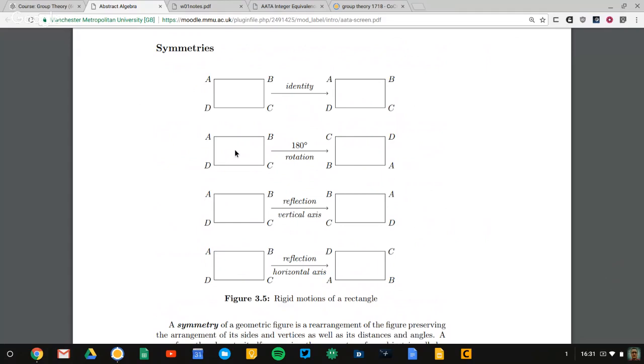We figure it out quickly by just tracking the labels. Reflecting in the vertical axis turns it into B, A, C, D, like that, and rotating it 180 degrees, D over here, A over here, C over here, B over here. So this is V, and this is R, so the whole thing is R after V. Well, what do you call that whole transformation? Horizontal. H, yes, because A and D swap positions, and B and C swap positions. So this is actually H.